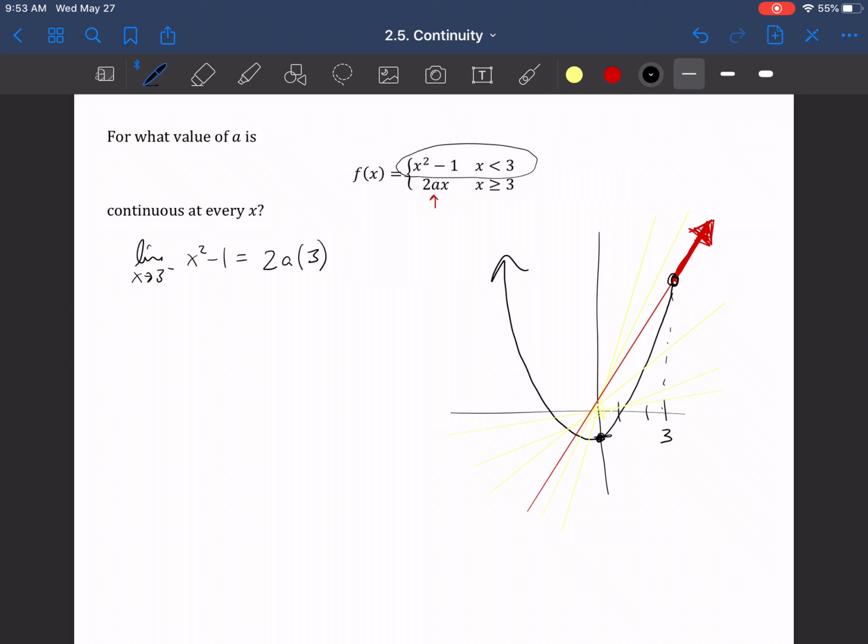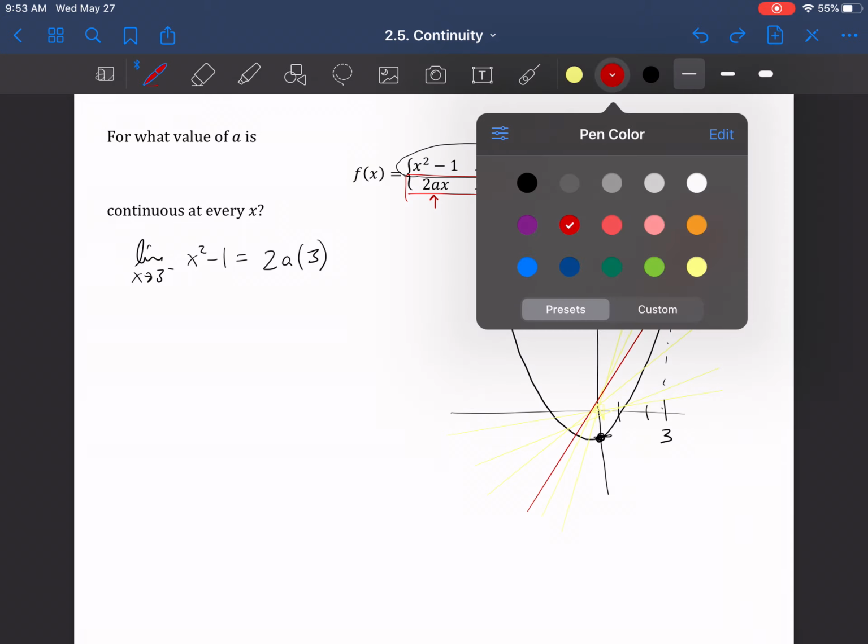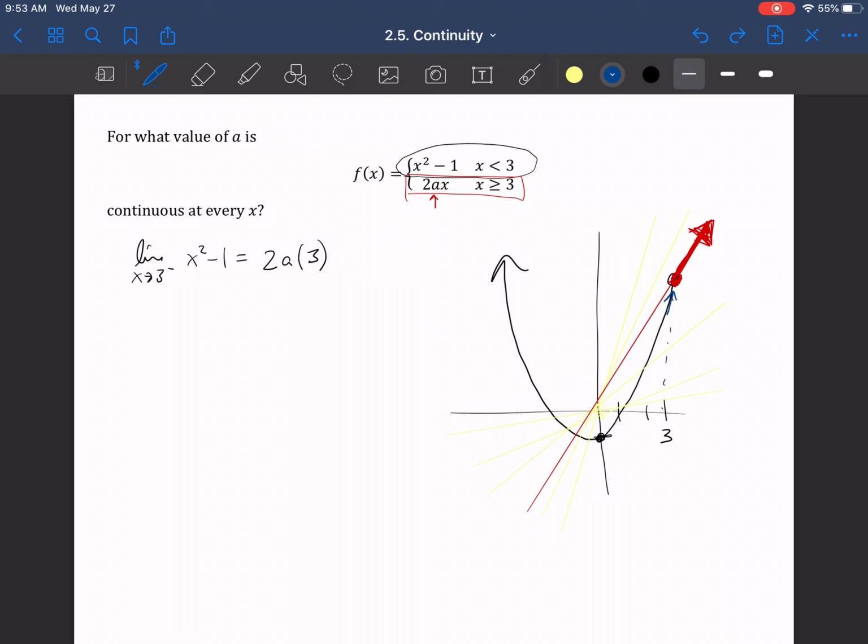We want this point right there on the red function to equal what x squared minus 1 was going towards. So we have the limit of x squared minus 1 equaling the value there. We're going to figure out what value of a will make that true.